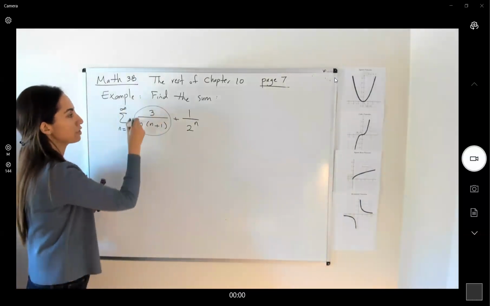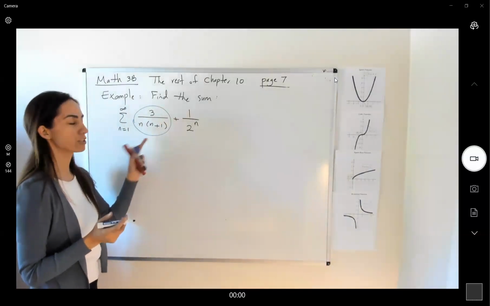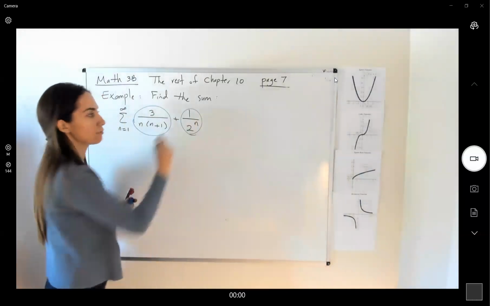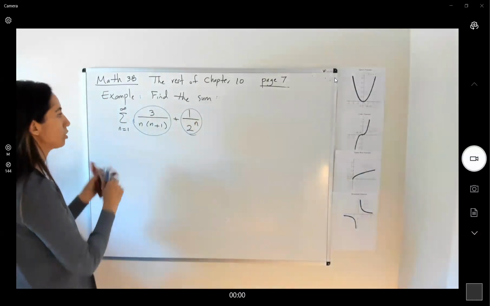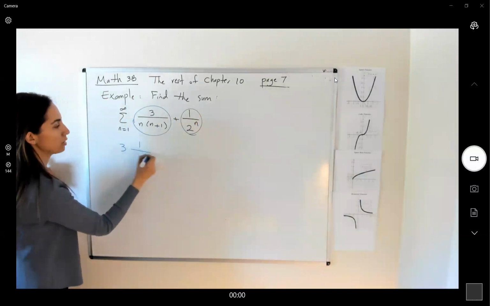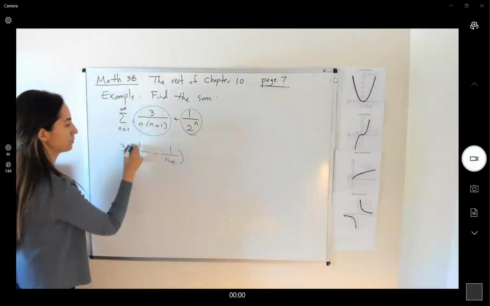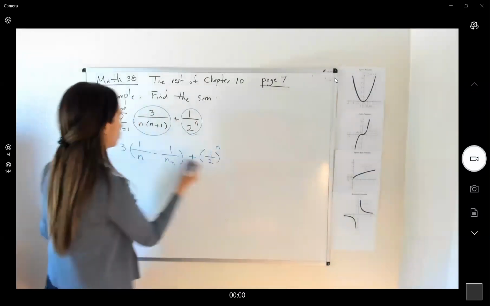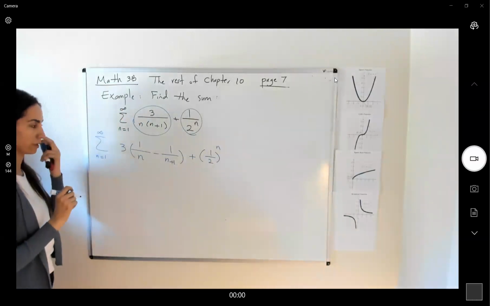The very first one is actually the telescoping series that we saw before, and the second one is nothing but the geometric series. So you can rewrite the first term as 3 times 1 over n minus 1 over n plus 1, and the second one can be written as a half raised to n.